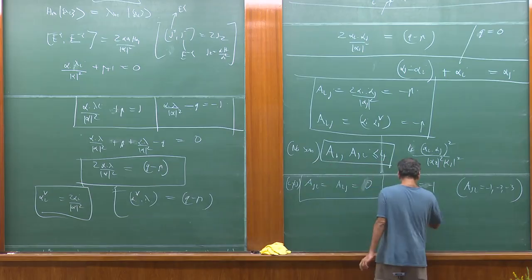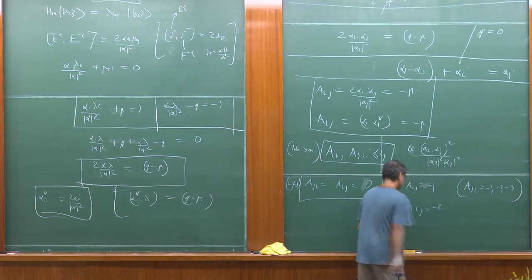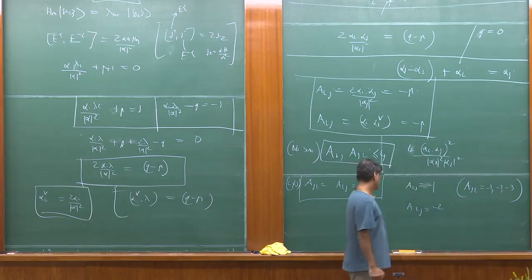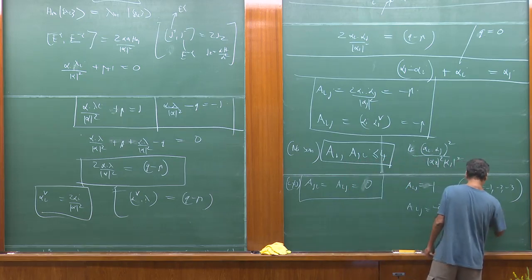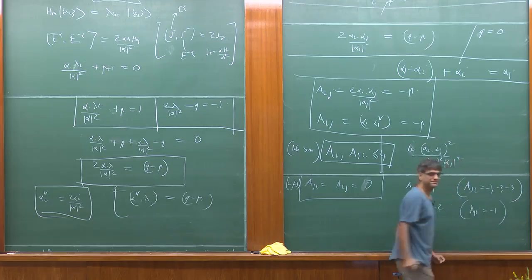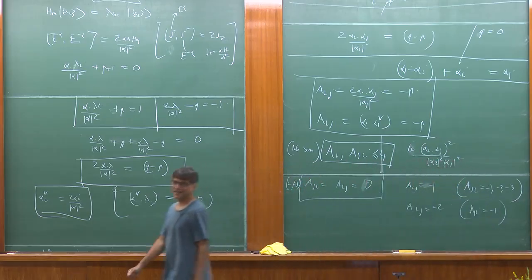Now what if Aij was equal to 2 or minus 2? Well, Aji could be 1, could be minus 1, but that's it, because minus 2 would hit the bound.